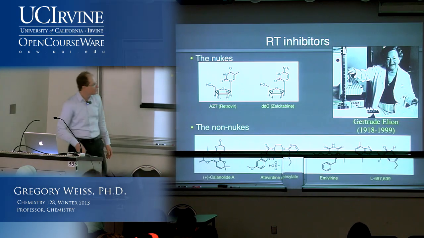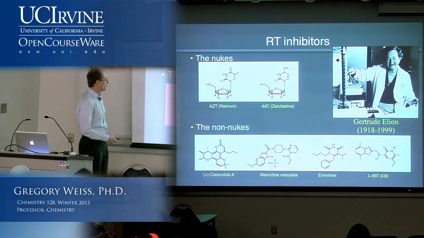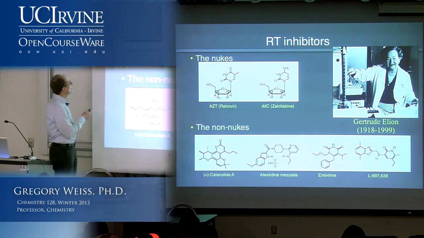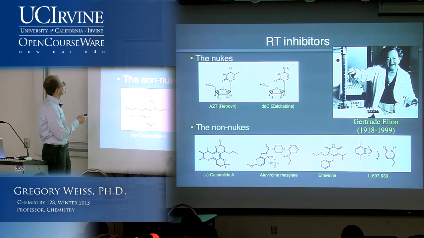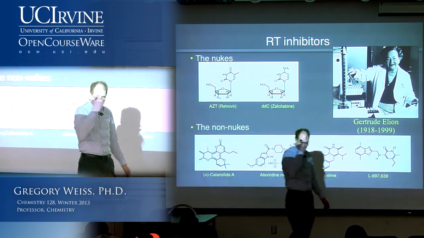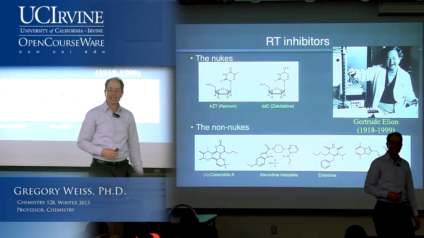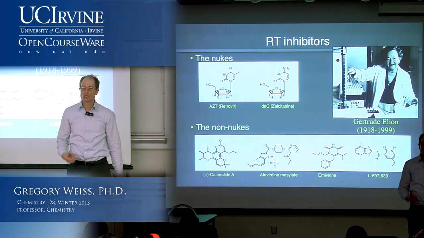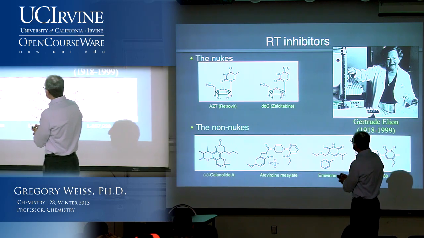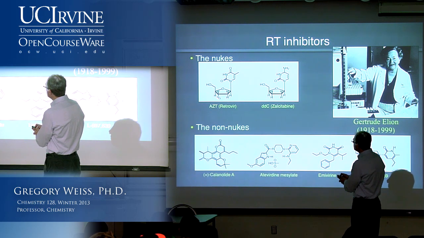So she invented a series of inhibitors of DNA polymerase that look like this. This one is called AZT. It's also used as an anti-HIV compound because it inhibits reverse transcriptase. It looks kind of like a DNA base. It has a deoxy at the 2' hydroxyl, but in place of the 3' hydroxyl, there's an azide.